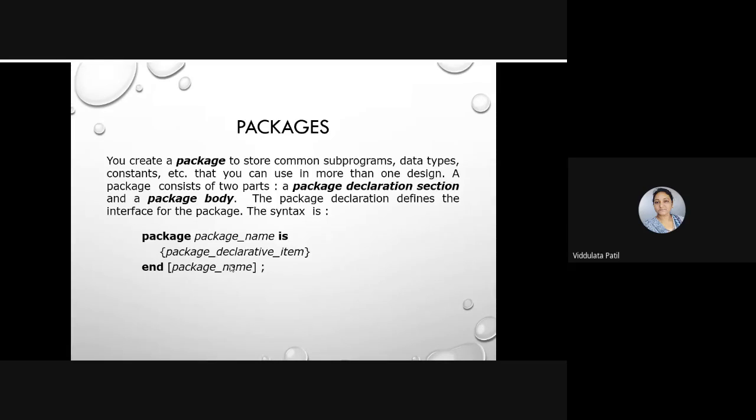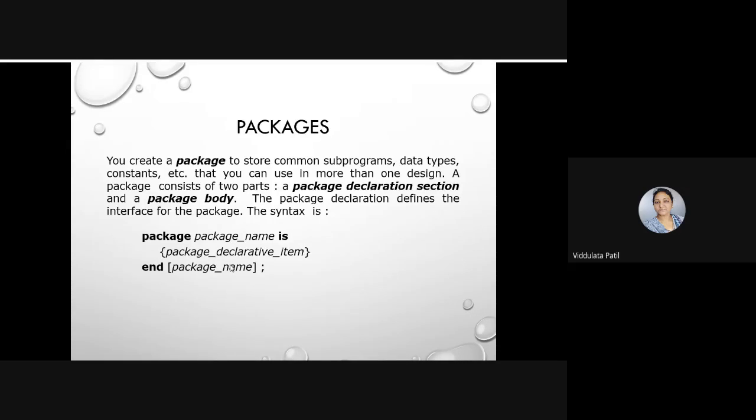Suppose I want to use the parity procedure that we saw earlier in so many programs. If I store it in a certain package, then I can call that package while using the library, and then I can easily use that subprogram in that program.